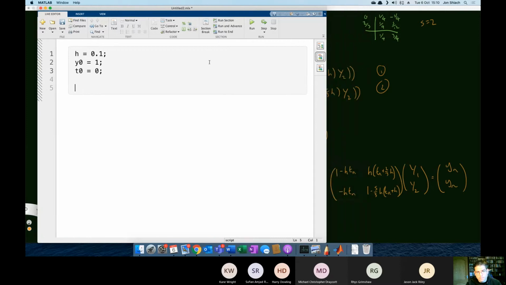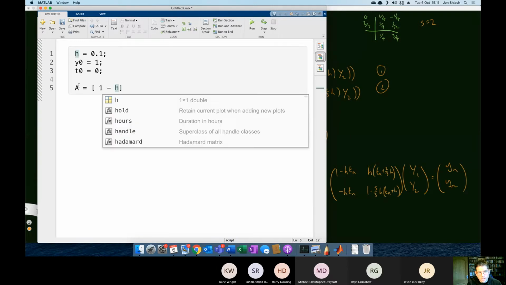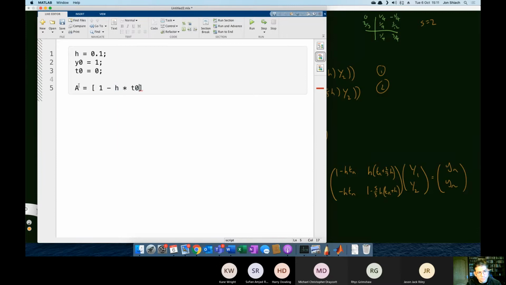Now I'm going to solve this system down here, so I'm going to enter in our coefficient matrix. Actually, I'm going to change these to T because I might want to use them again. So I'm going to assume that Y and T are Yn and Tn. So that's 1 minus H times T. Now I've got H times T plus 2/3 times H.